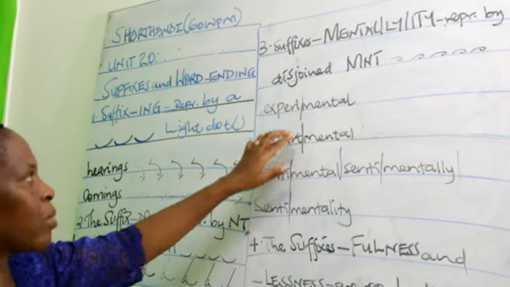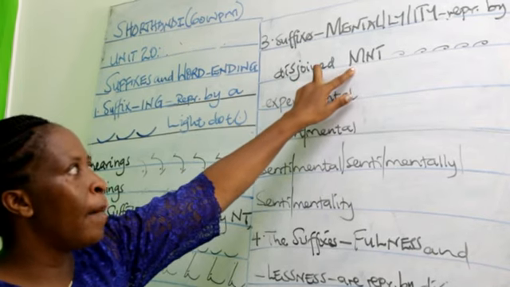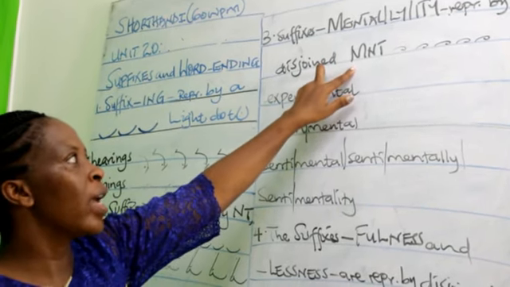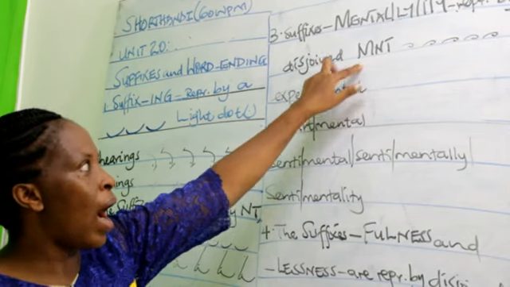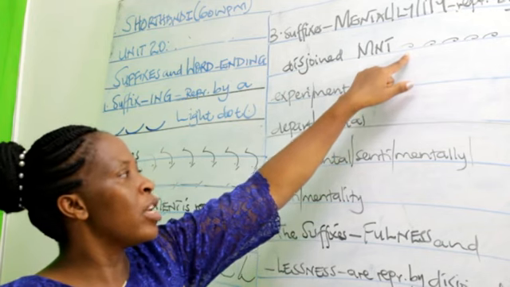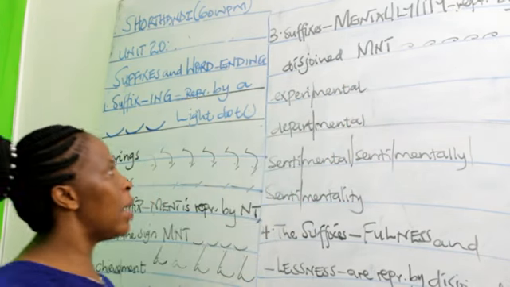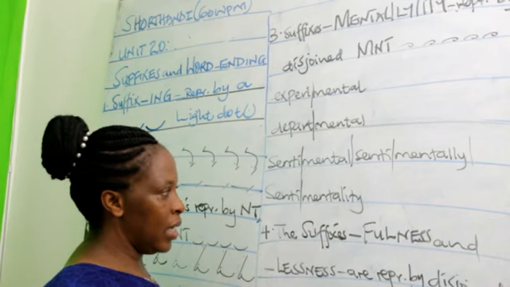This one will be represented by a disjoint M, a halved N for the following T, and hooked for L. A stroke of M, a halved N for the following T, and hook for L. It will be representing the words mental, mentality, and mentally.